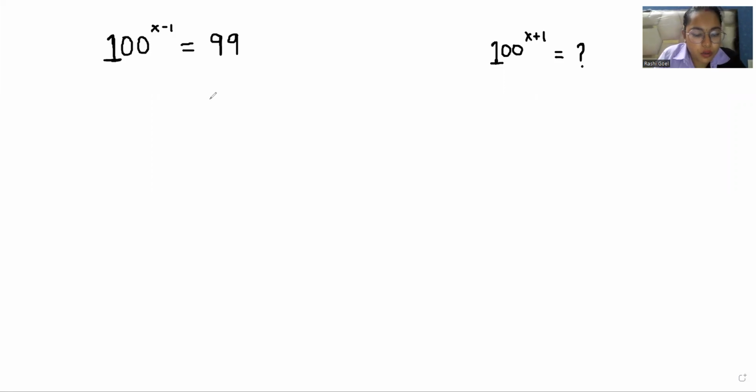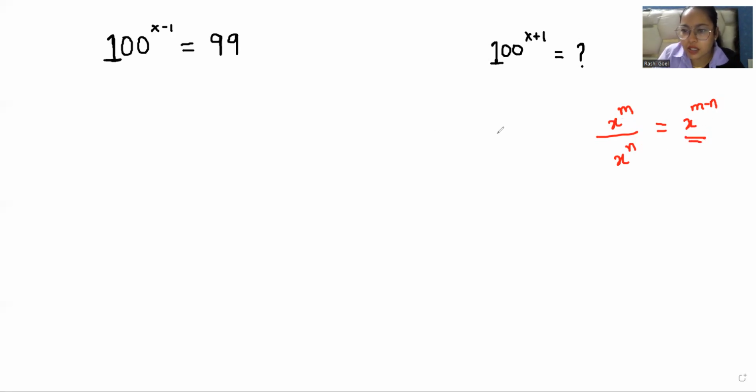So according to the quotient rule, we can say that x^m over x^n is equal to x^(m-n). So we have given 100^(x-1) in terms of x^(m-n).